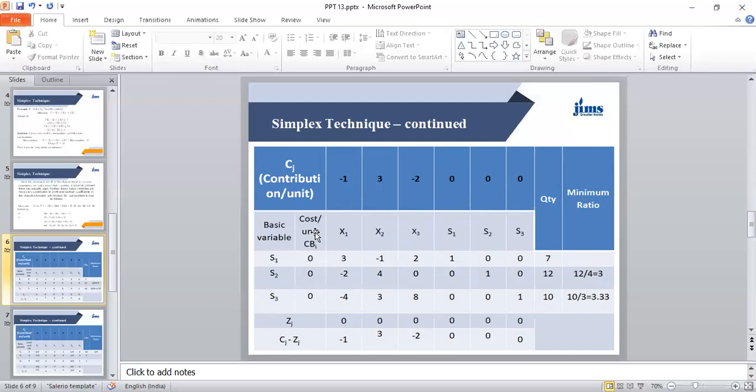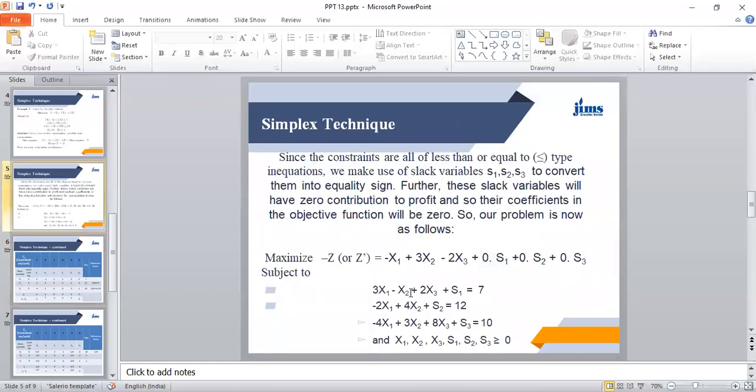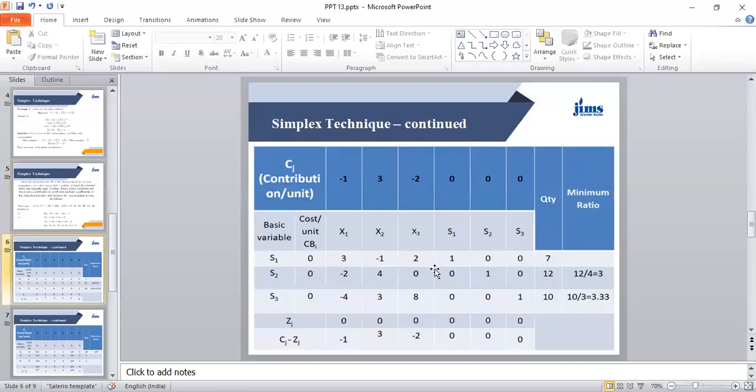Of course, if it is a maximization problem, it will be profit per unit. If it is a minimization problem, then it will be cost per unit. So s1 has a profit of 0, s2 has 0, s3 has 0. Then we have three constraints. The coefficients of all the variables in each constraint are written in the next rows of the simplex table.